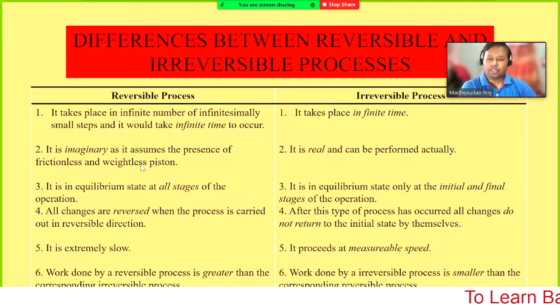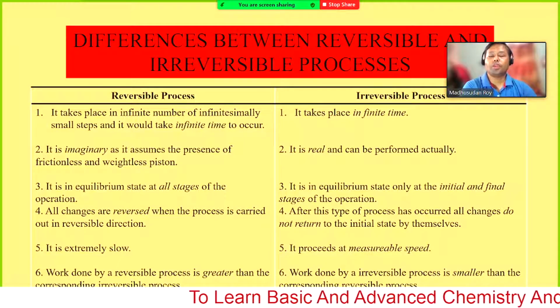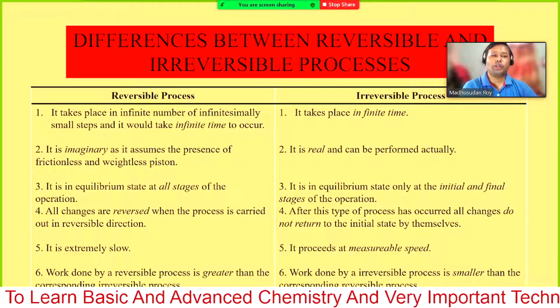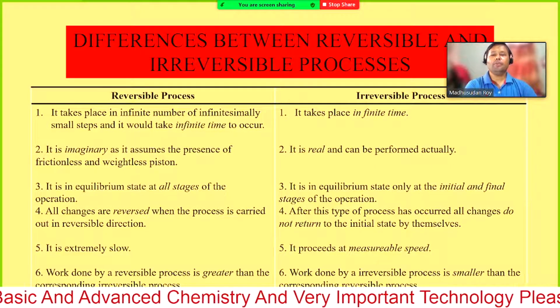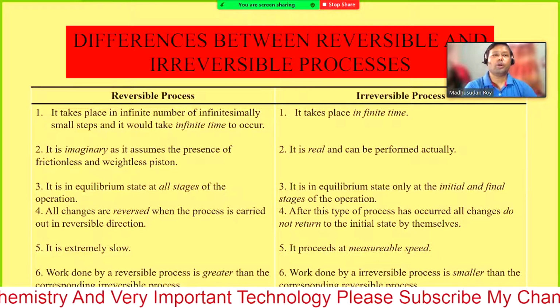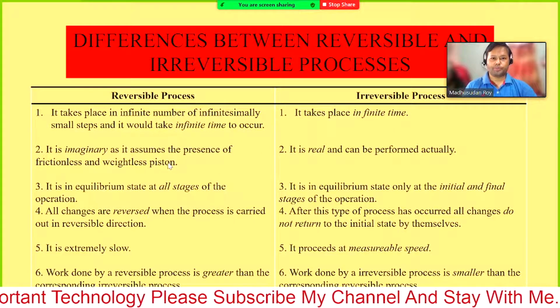I have also mentioned that in the universe there is nothing 100% frictionless. So there is always some friction between the piston and the body of the cylinder, so it is an imaginary situation.